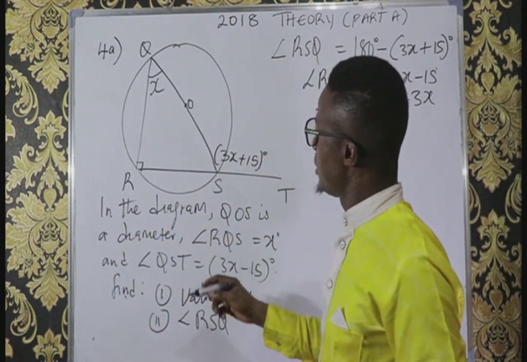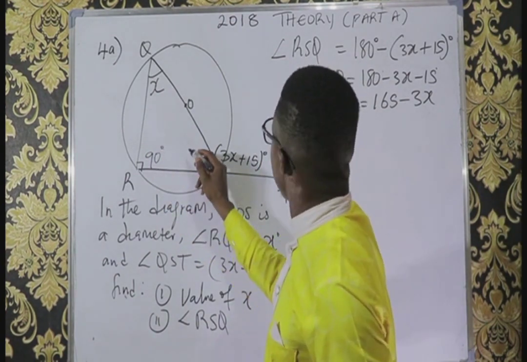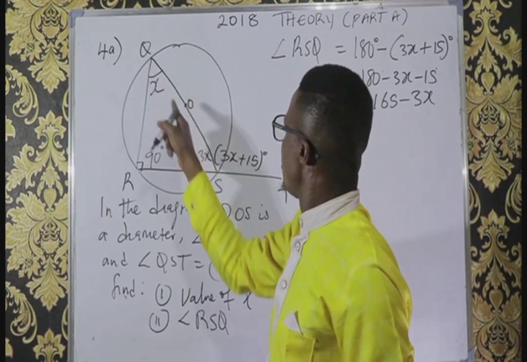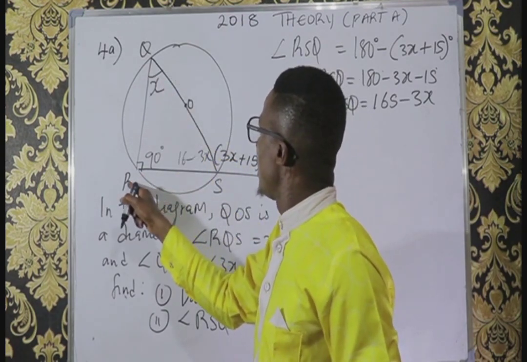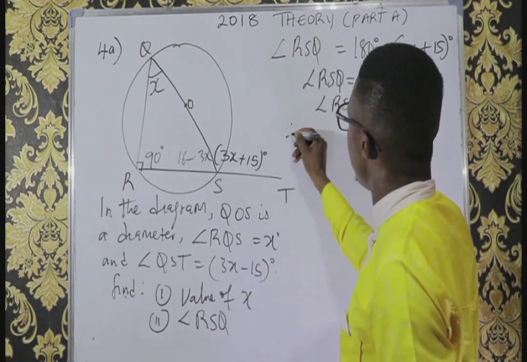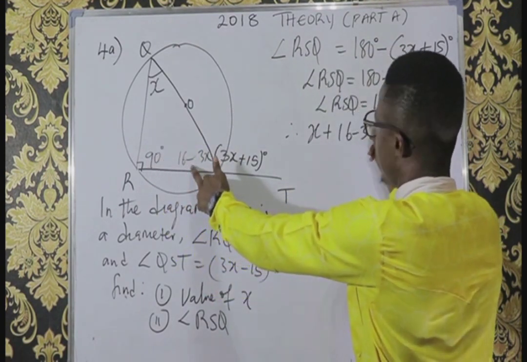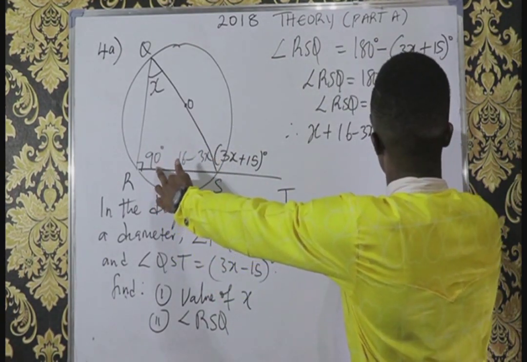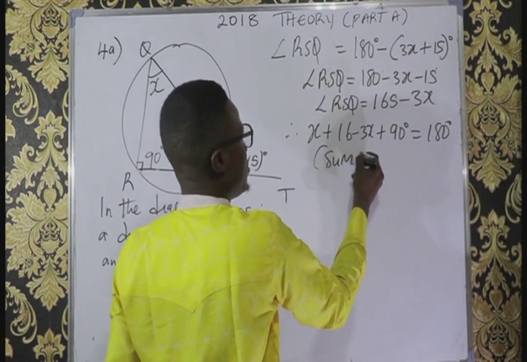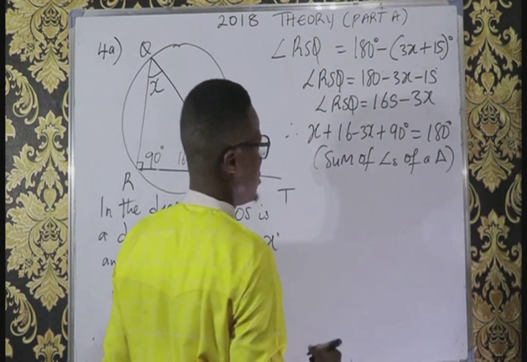Then remember that this is angle in a semicircle, which is 90 degrees already. And here is 165 minus 3x. Since QSR is a triangle, the sum of angles in a triangle is 180. Therefore, angle x plus angle 165 minus 3x plus 90 degrees is equal to 180. Reason: sum of angles of a triangle is 180 degrees.